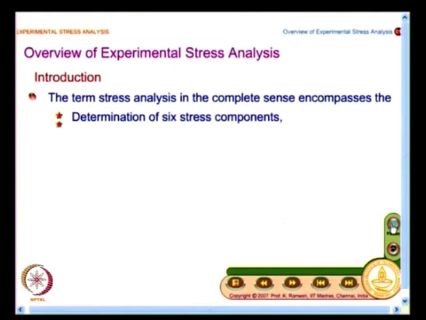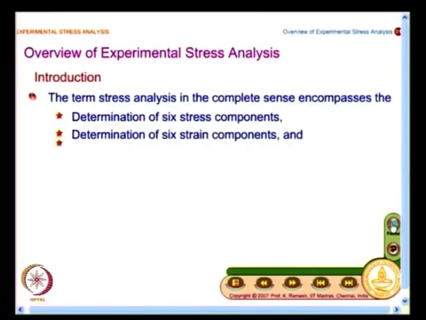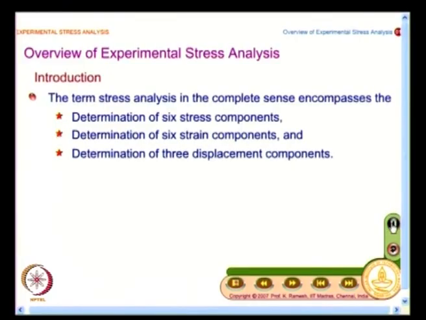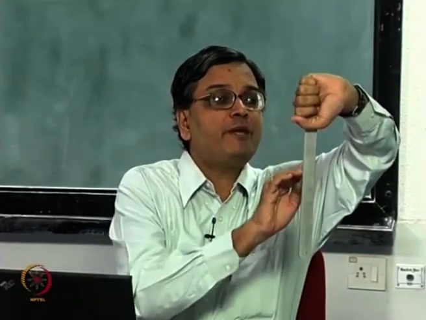Then I also need to know strain components, and strain components are again 6 because strain is also a tensor of rank 2. So, I need to get 6 stress components, I need to get 6 strain components, and it is also desirable that I get displacement components, and displacement components are 3. And in what way do I want this information? Suppose I take this rod and I pull it, I want this information at every point in the model.